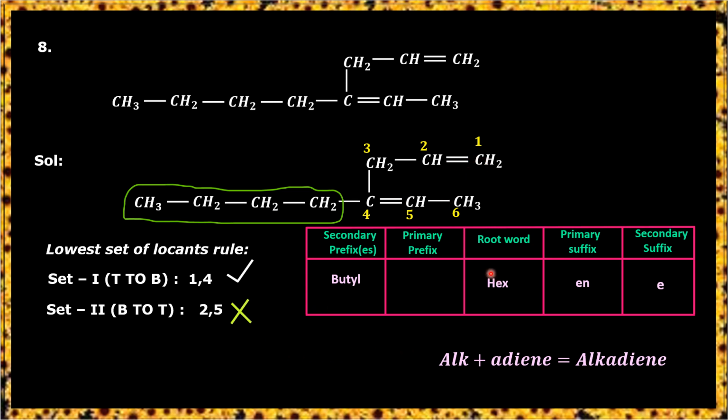So the name of this organic compound: the fourth carbon atom is bearing one substituent, butyl, that is 4-butyl, hexa, alka hexa 1 comma 4 diene. 4-butyl hexa 1 comma 4 diene. Okay.